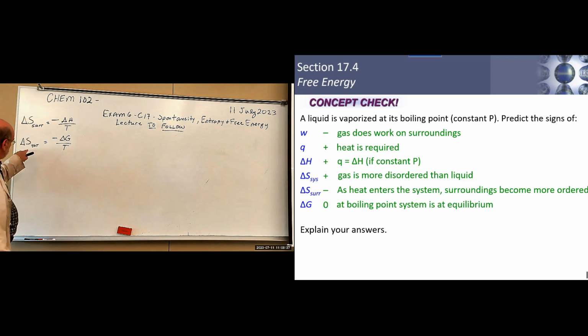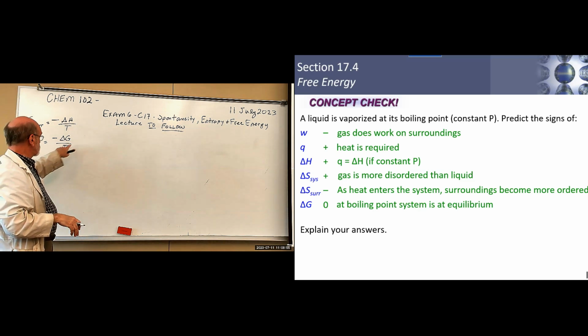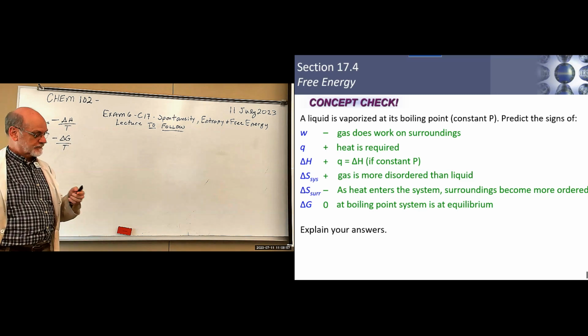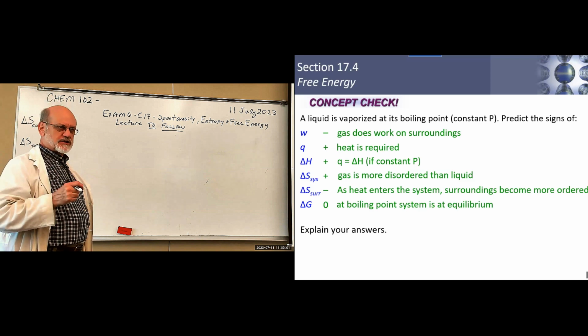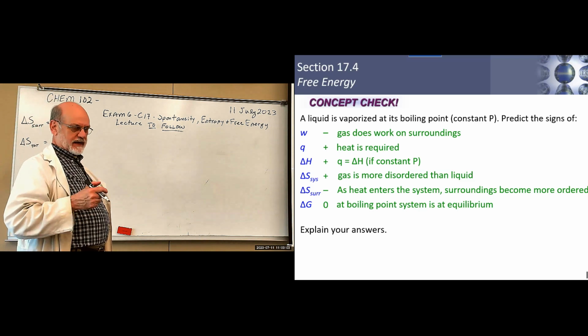That means delta S total is the delta S system plus delta S surroundings. They would have to be equal in magnitude. Add them together, you get 0. So that means no matter what the temperature is, delta G has to be 0. And that's true for any equilibrium. Delta G is 0 at equilibrium.